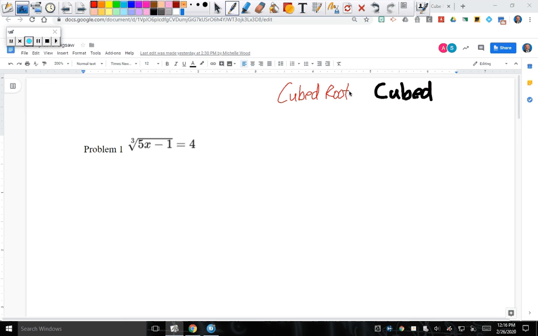So the cubed function is raising to the power of 3, and a cubed root function looks like this. What's the cubed root of something versus what is something cubed? Are we good? Okay. So know the difference.